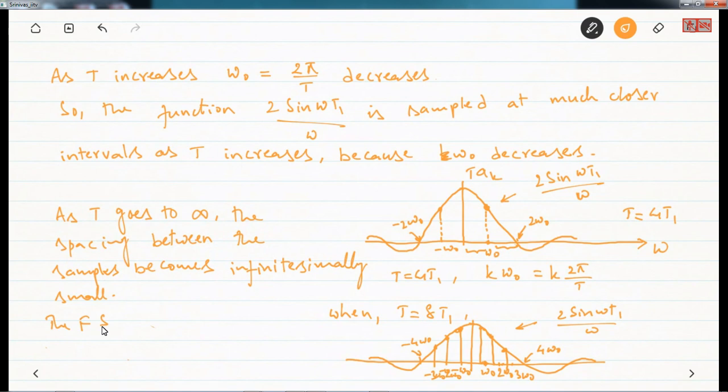And hence, I can write this. The summation, that means the sigma term in the Fourier series, becomes an integral.